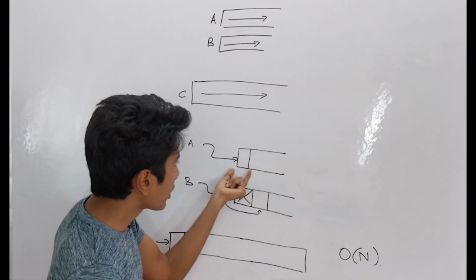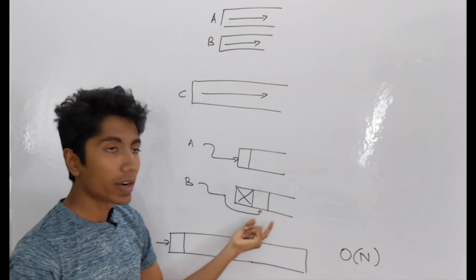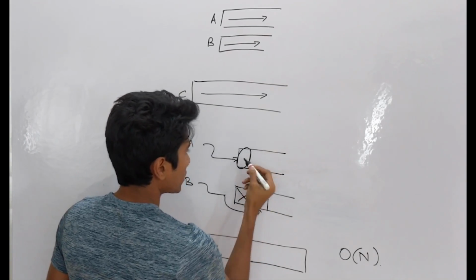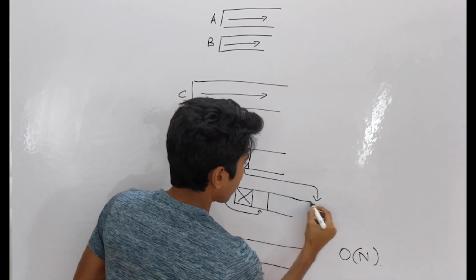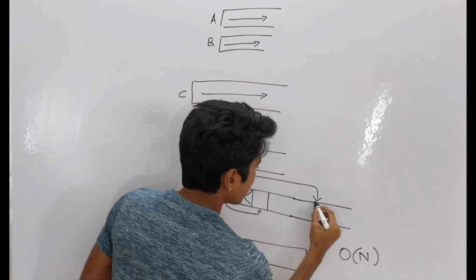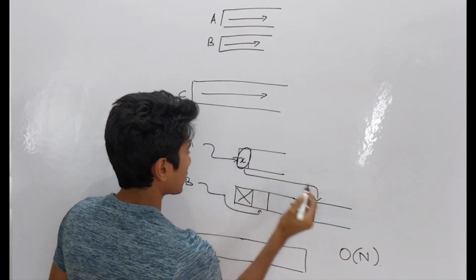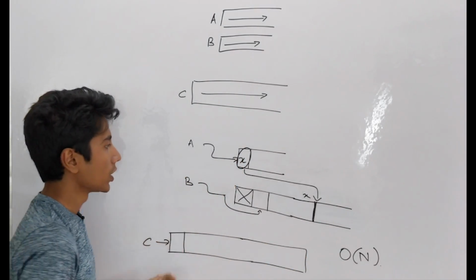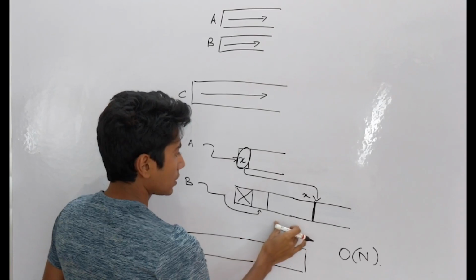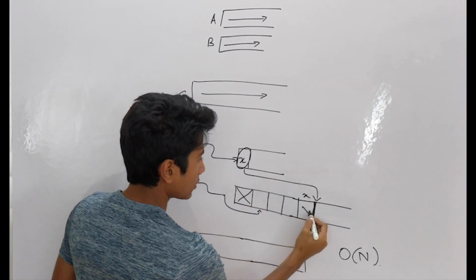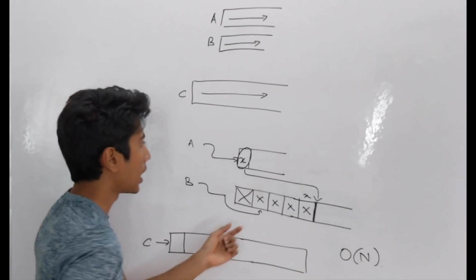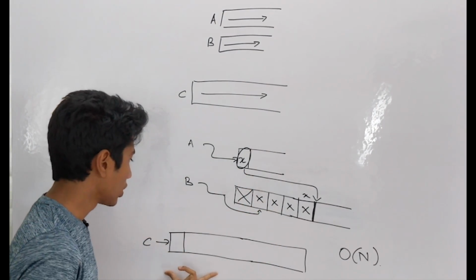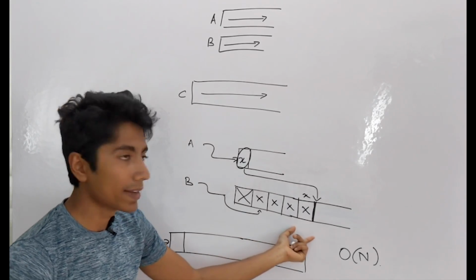If we can find the corresponding position of A in this sorted array B, then we can take all elements. Let us say the first element of A, let us say X, should lie over here at this index in the array B, which means that all elements before this index are smaller than the first element of A, which means all these elements could have been directly copied onto the array C. That would save a lot of comparisons.